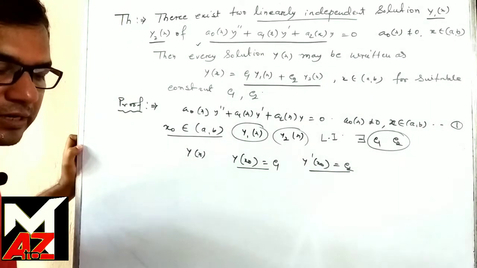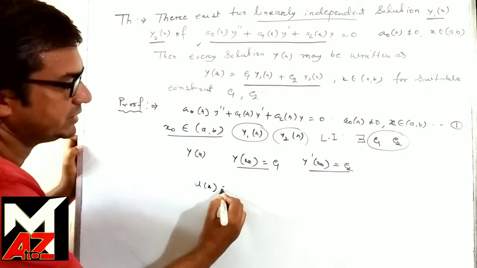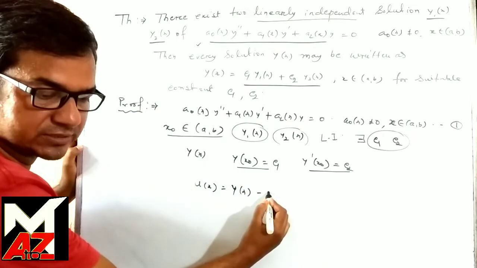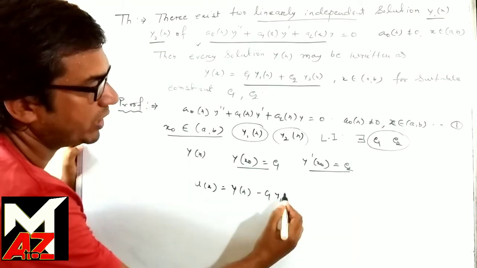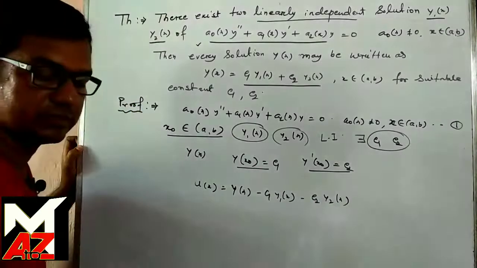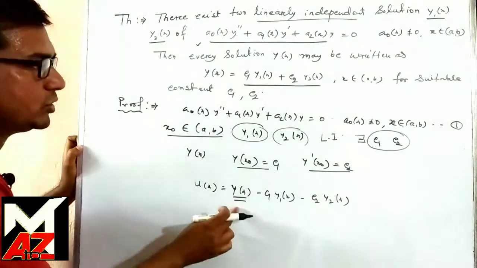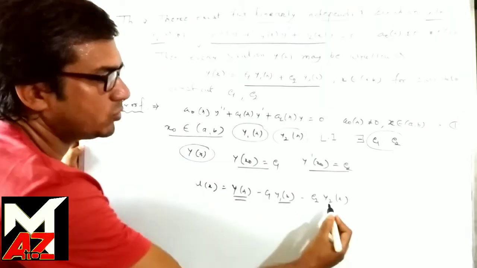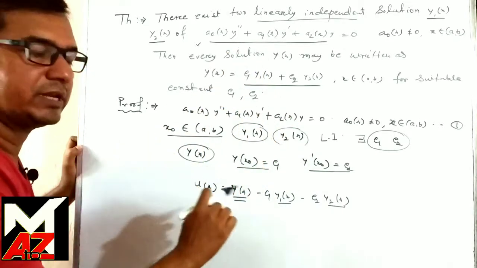Now we take u of x is equal to y of x minus c1 into y1 of x minus c2 into y2 of x. Here y of x is a solution of 1, and y1 of x and y2 of x are also two solutions of 1.